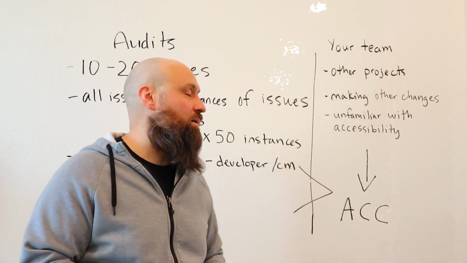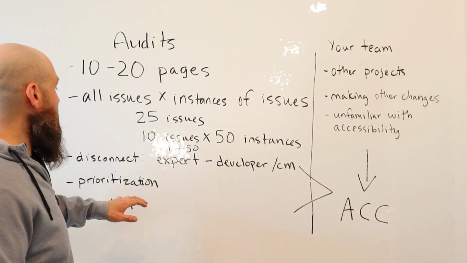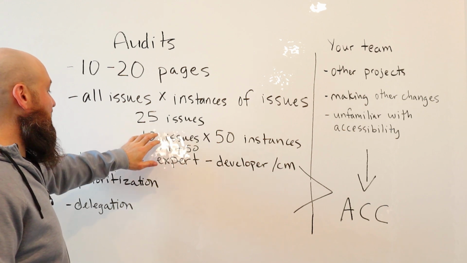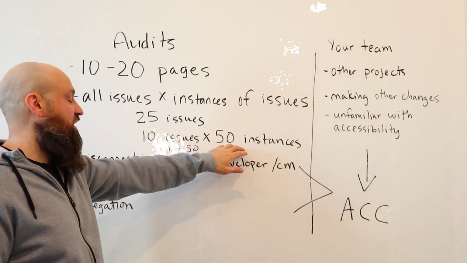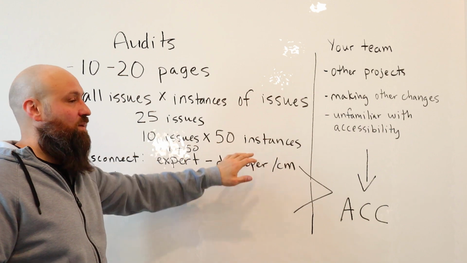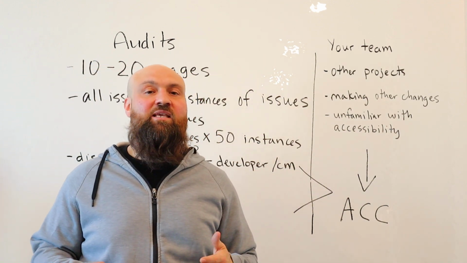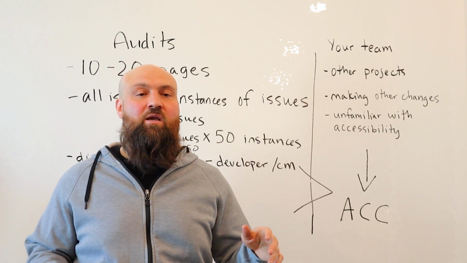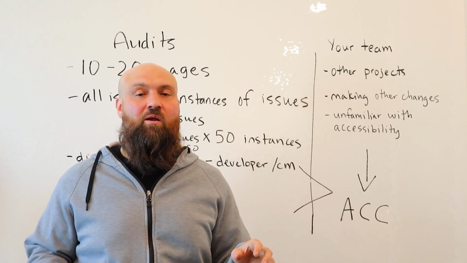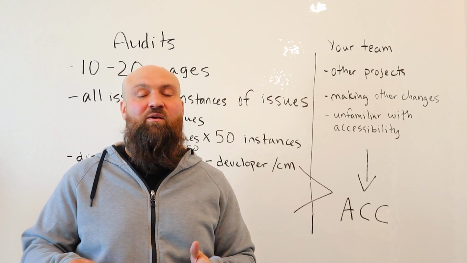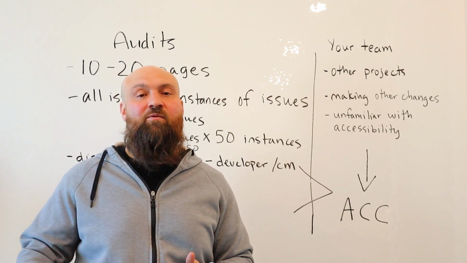And so we have, let's say, 25 accessibility issues. Of those 25 issues, 10 may have 50 instances across your website. And that sounds like more than it is, because keep in mind that when we are making these changes on one page template, in most cases they will be applied site-wide.